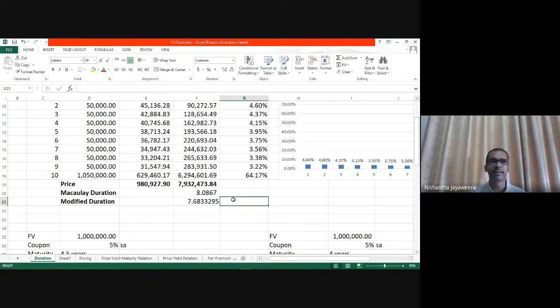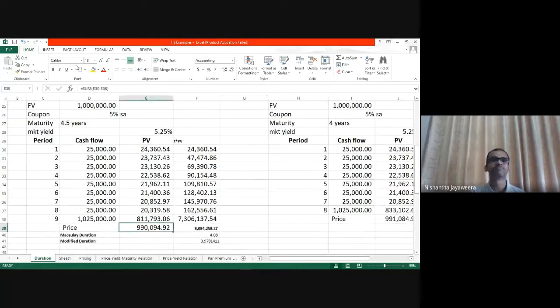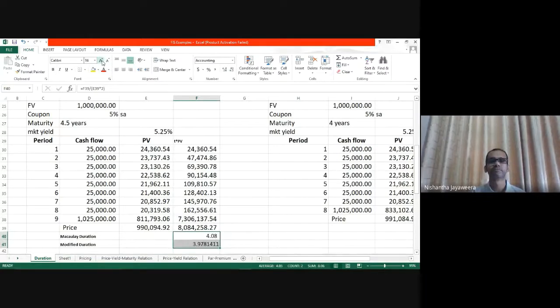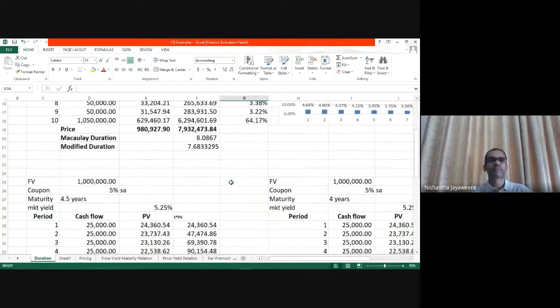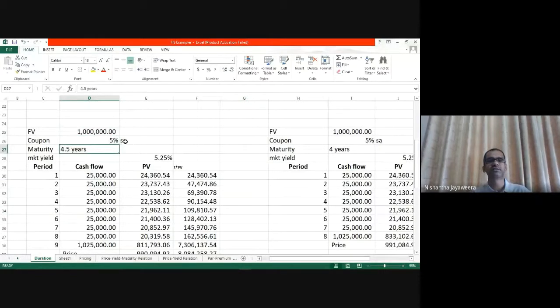Okay, these are two examples. Again, 1 million, 5% coupon, maturity 4.5 years, but semi-annual.